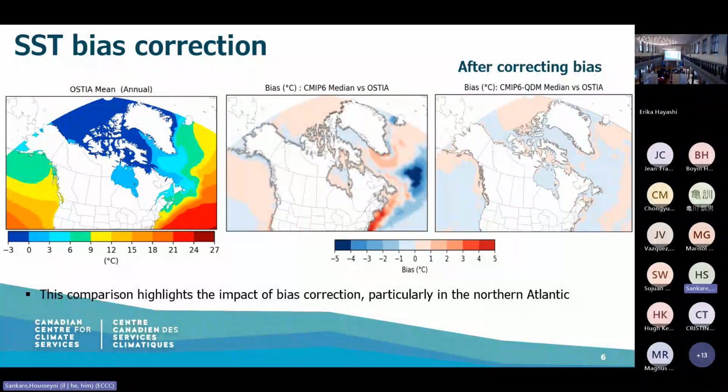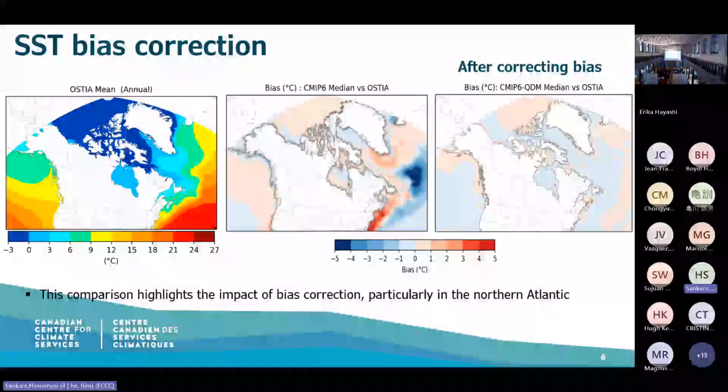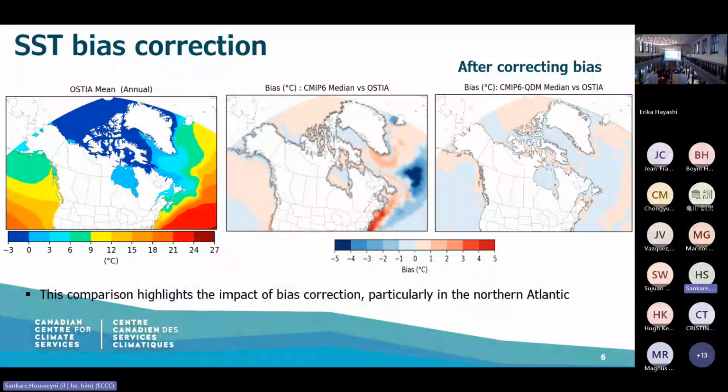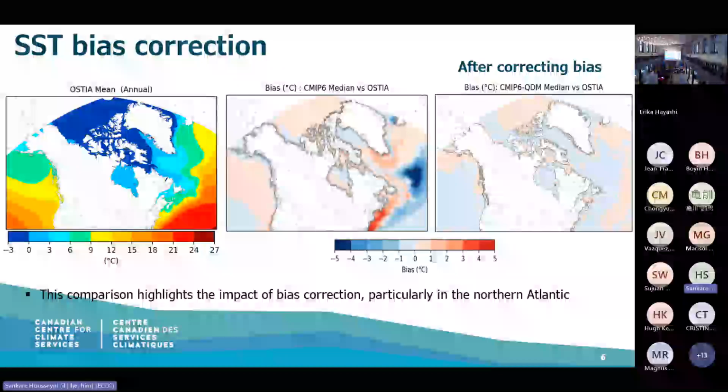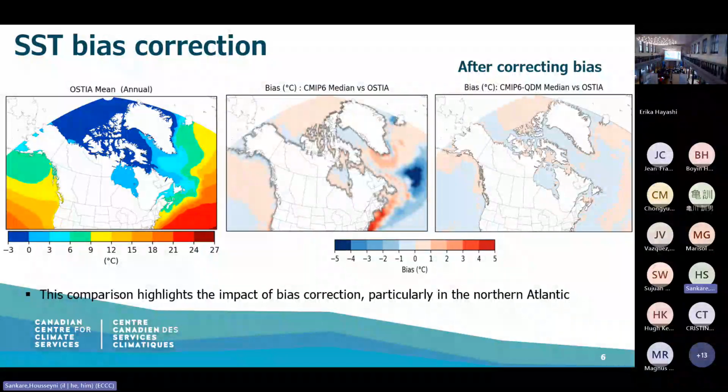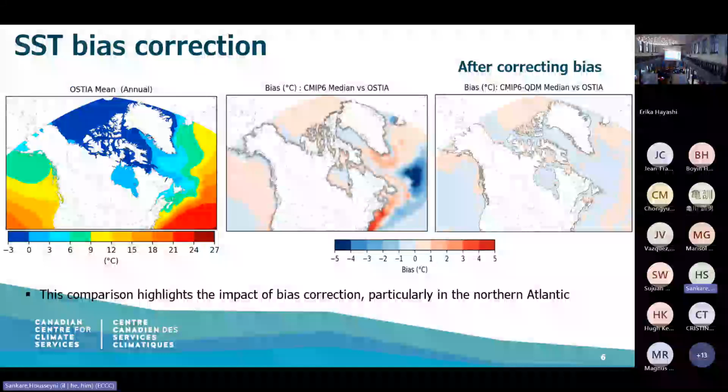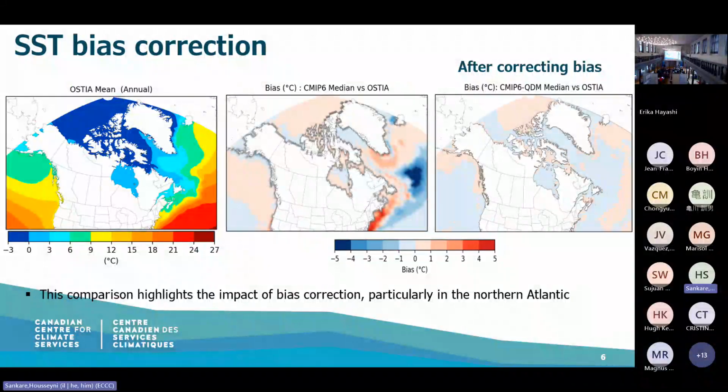This map presents three panels that make a comparison of SST using the OSIA data and the CMIP6 output. On the left side, the panel shows the annual mean SST from the OSIA data, which provides us a higher resolution observational reference.